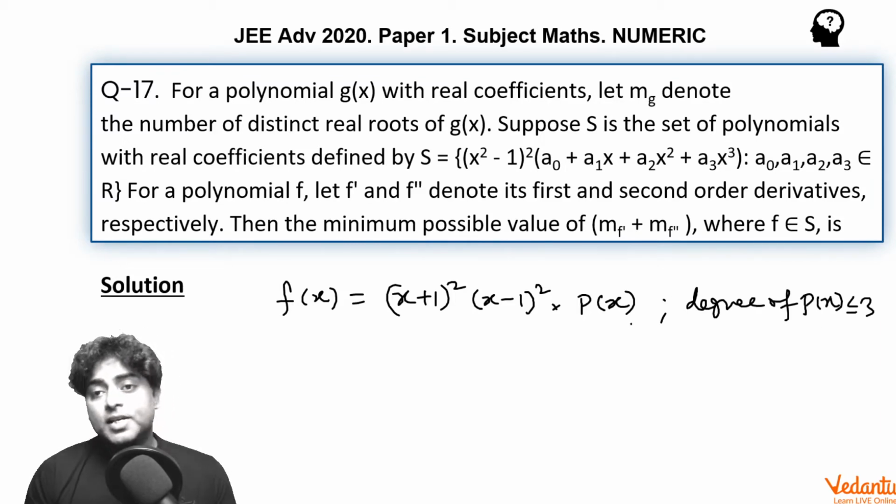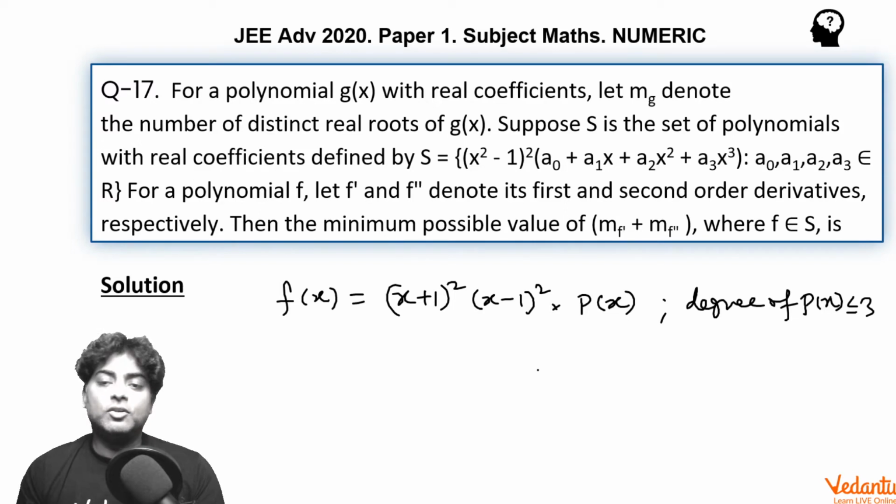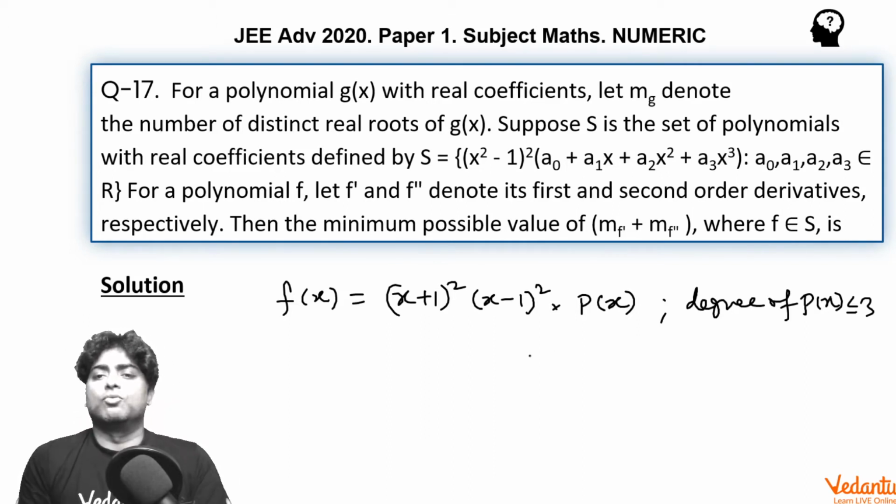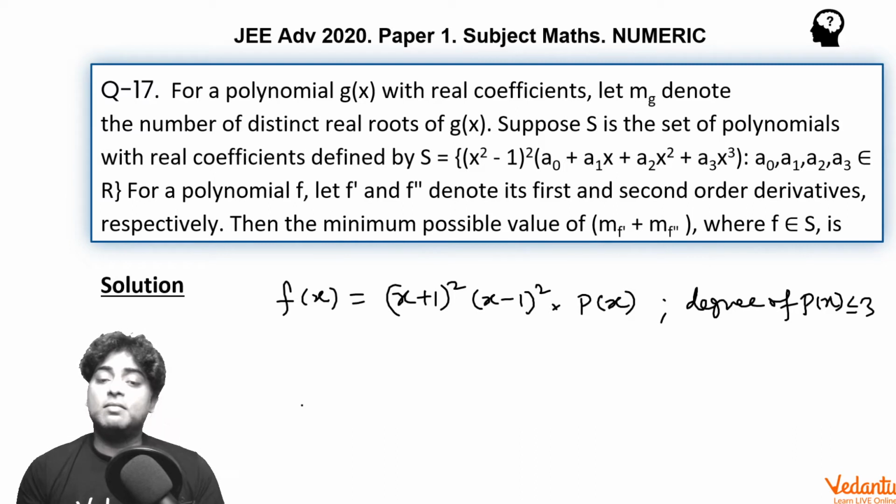If you take p(x) as degree 3, cubic, it will have at least one root, so it may increase the number of roots of f(x). So we should think over the case when p(x) has no root. So f(x) will have exactly two distinct roots, minus 1 and 1.